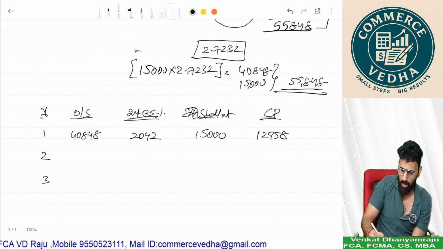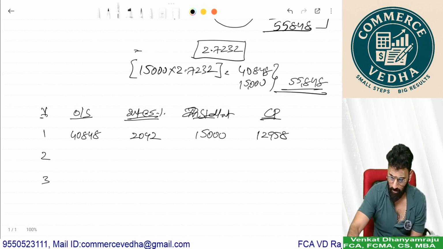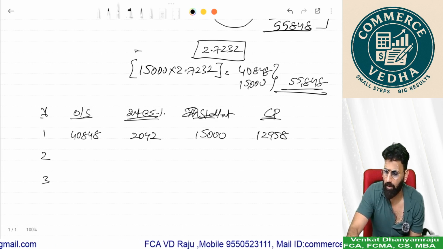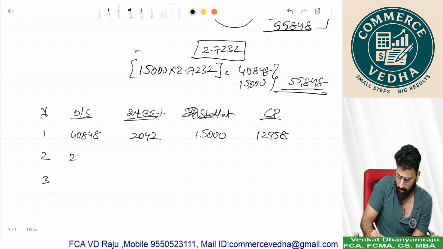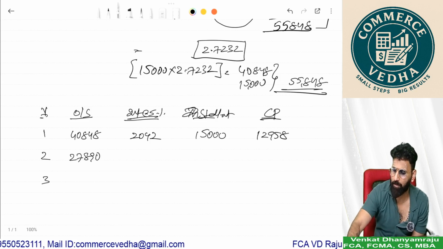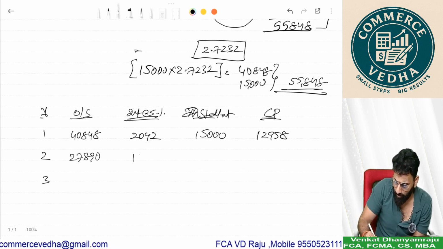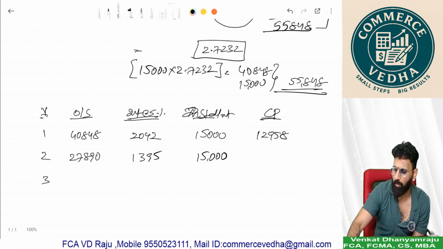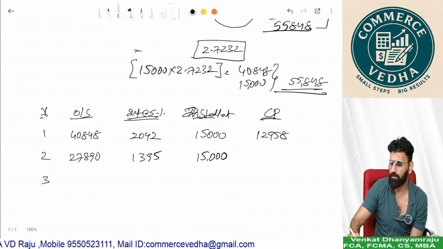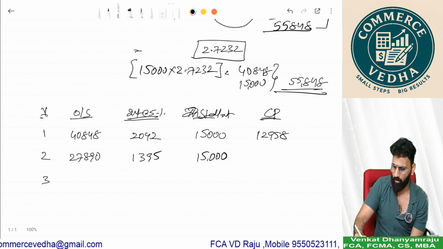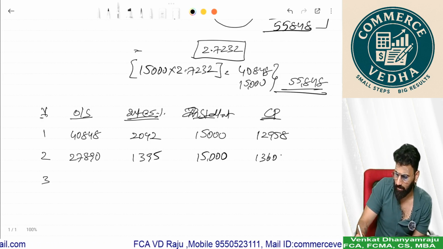Then 40,848 minus 12,958 is 27,890, which is due at 5% interest: 1,395. You paid 15,000, so 15,000 minus 1,395 is 13,605.